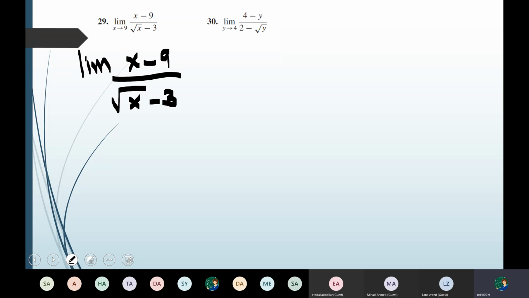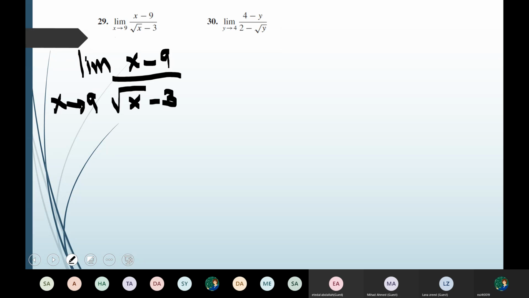In number 29 here, you have the limit of (x minus 9) over (square root of x minus 3) when x approaches 9.